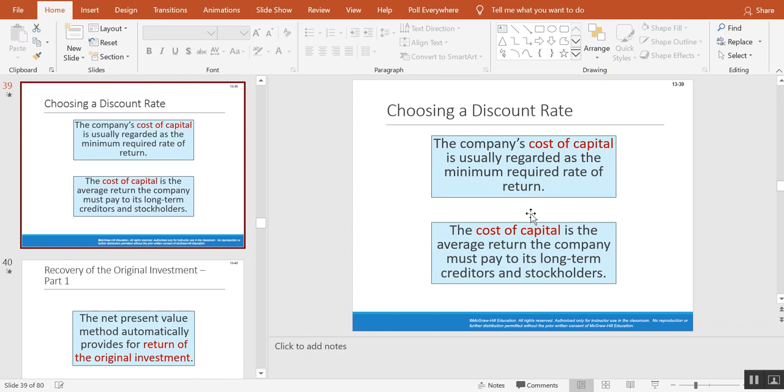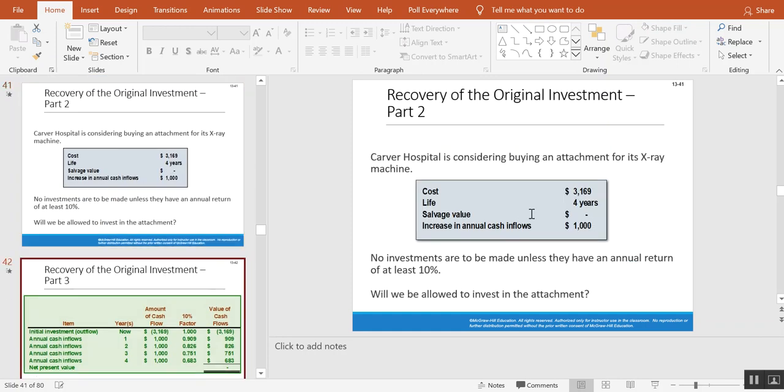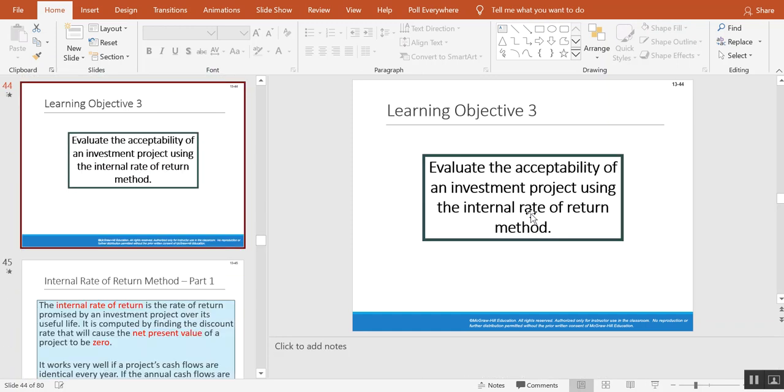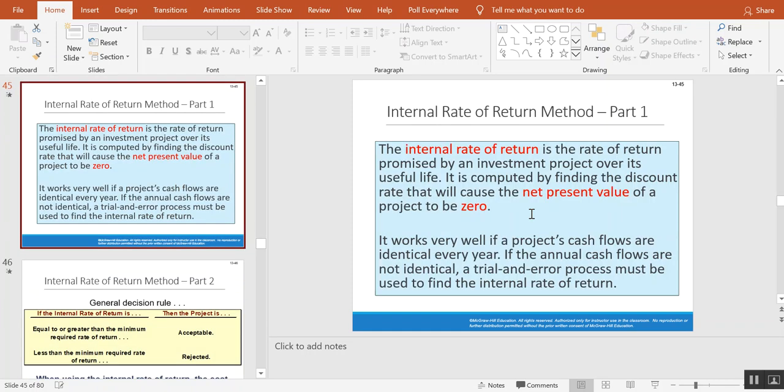We need to look at, in this chapter, one thing here I want to mention is the internal rate of return. Now, we're not going to do a whole lot with this. I just want you to know what it is. This could be a conceptual question. The internal rate of return is the rate of return that's promised by an investment project over the useful life. And we compute it by finding the discount rate that will cause the net present value of a project to be zero.